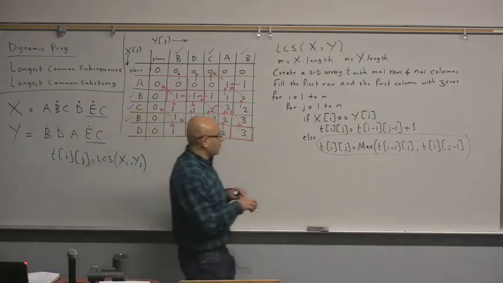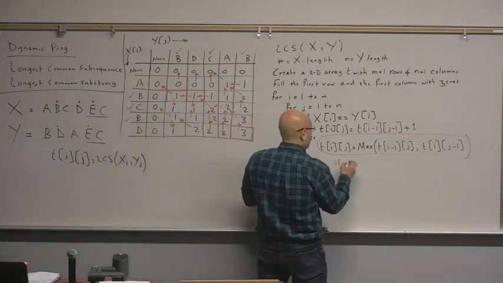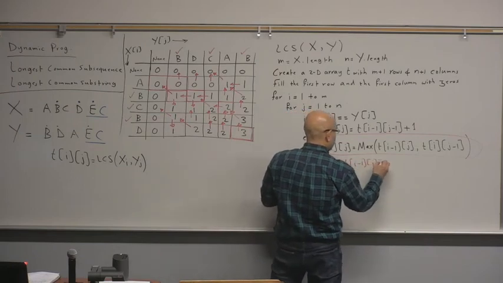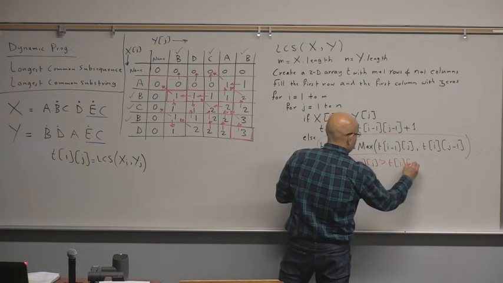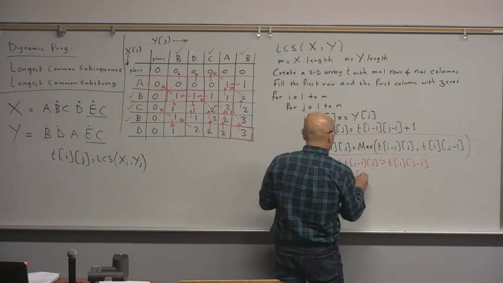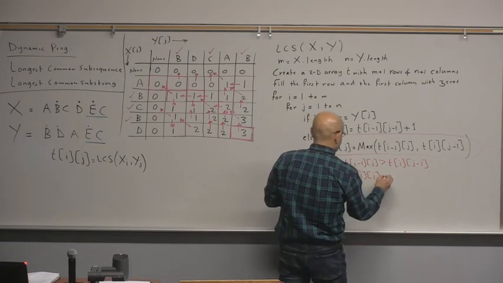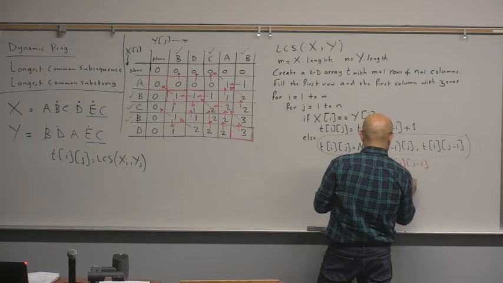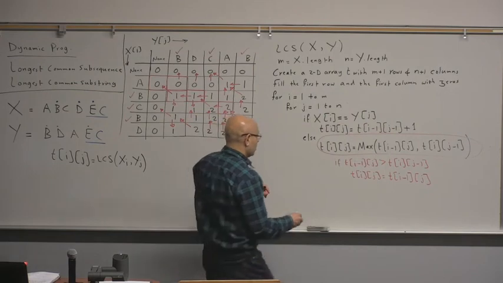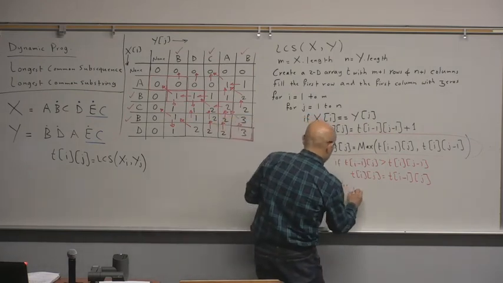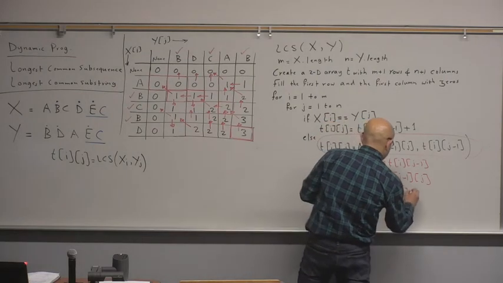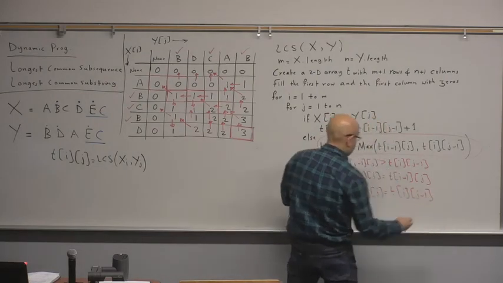So if you say, for example, if T of i minus 1 and j is greater than T of i and j minus 1, then T of i and j equals T of i minus 1 and j, else T of i and j equals T of i and j minus 1.